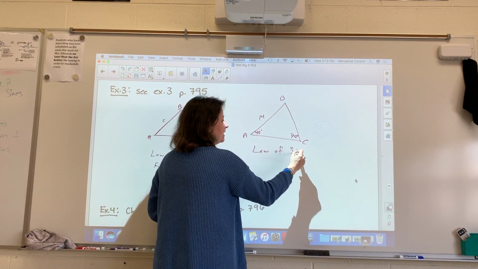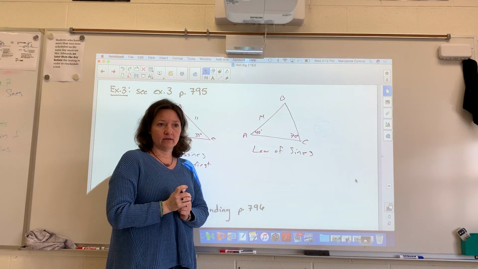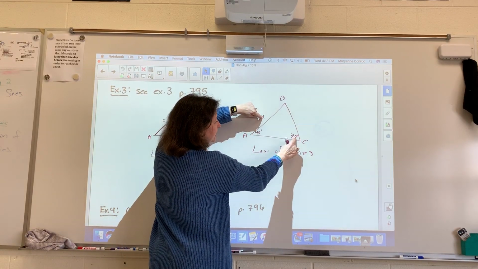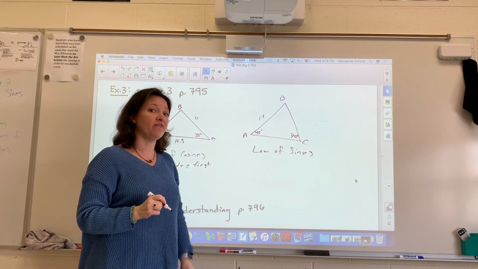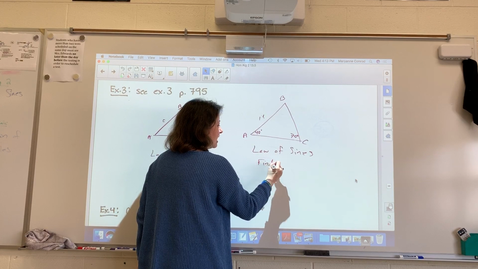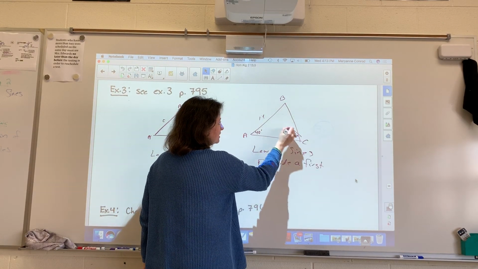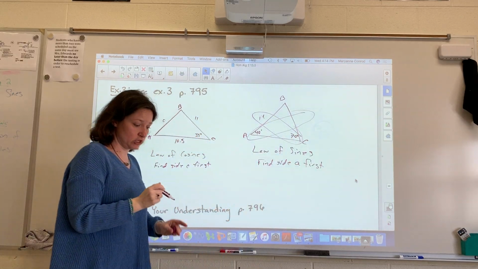How come we're able to use law of sines for this one? That's right, because we have a complete ratio. We know sine of 70 is to 14. So what does that mean the first thing is we would find? We would find side A first, because we could do this ratio and set it equal to that unknown ratio.